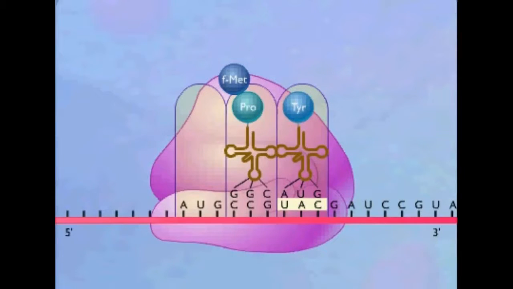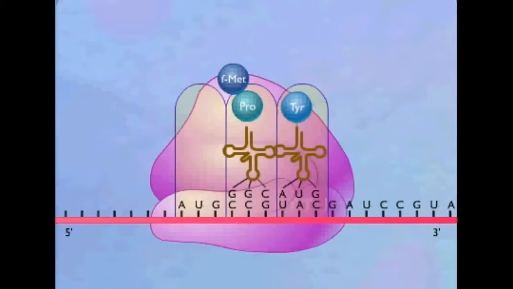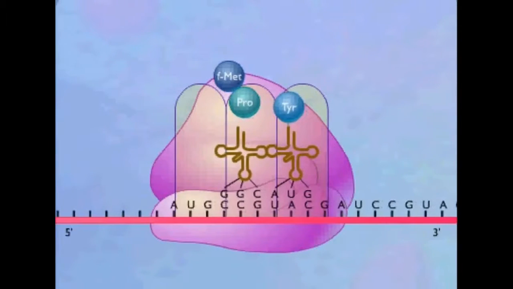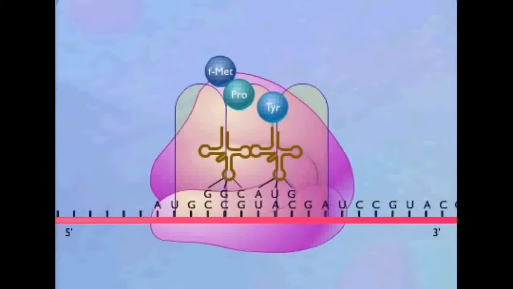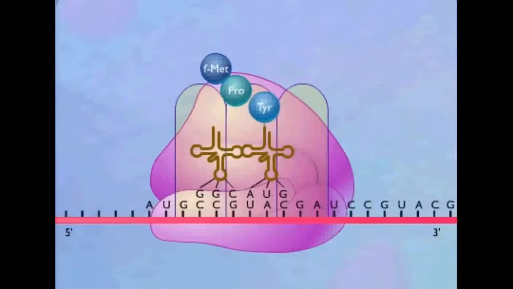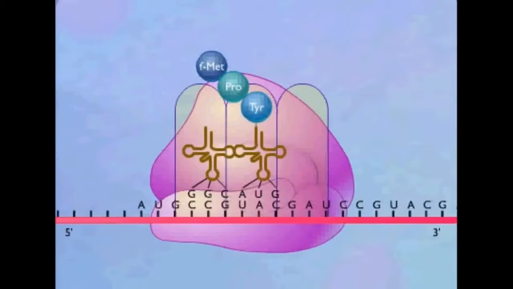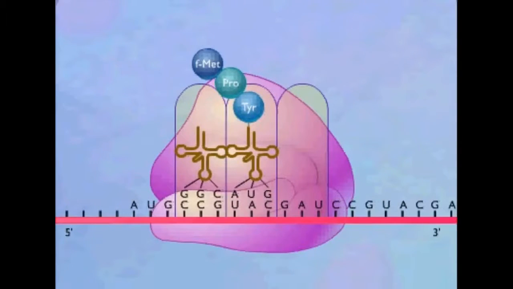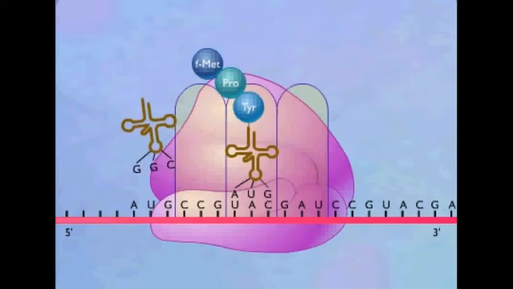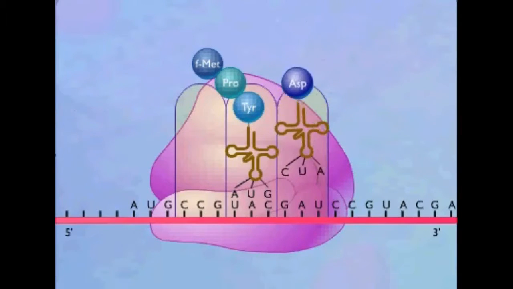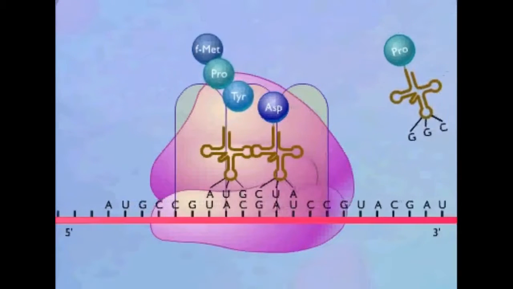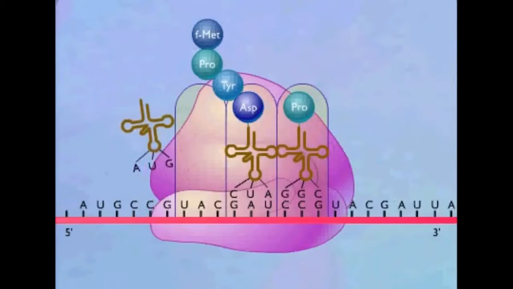The ribosome shifts down by a distance of one codon. As it shifts, the two amino acids on the P site combine, and the second transfer RNA is released from the E site. The ribosome continues to move on the messenger RNA and new amino acids are added to the growing polypeptide chain.